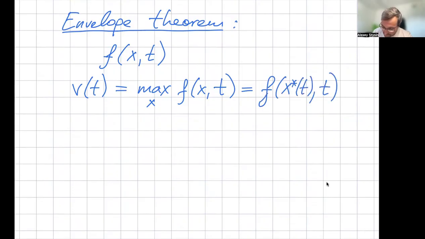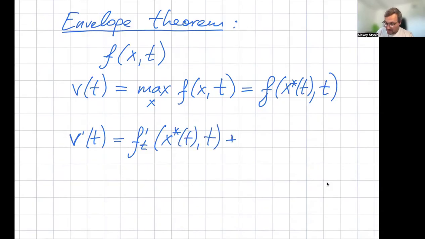Okay. So now when we are interested in finding the derivative of v, the idea here is, okay, let's use the expression for the derivative of a combined function. So this is going to be the derivative of f with respect to t, which is the explicit part.